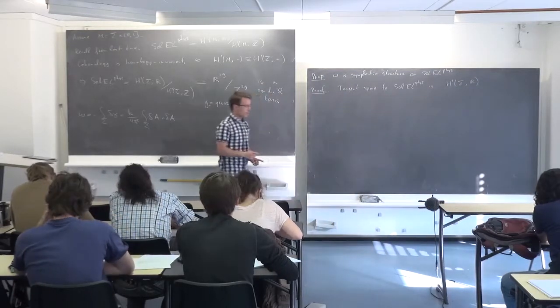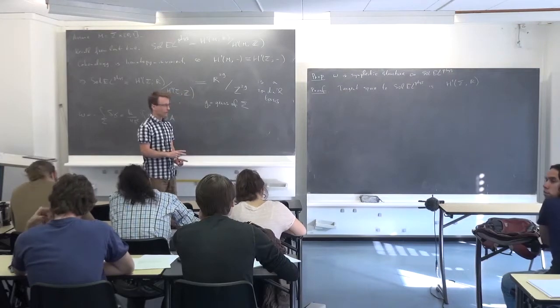And on this tangent space, the presymplectic structure defines some 2 form.